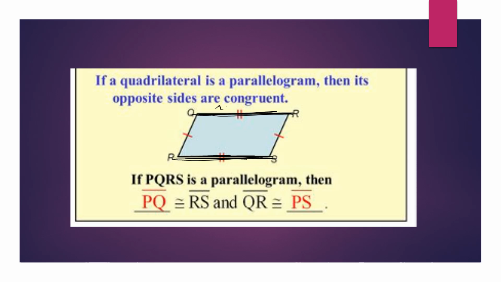So if QR is 10 centimeters, then PS is also 10 centimeters. Similarly, QP and RS are congruent to each other. So if QP is 5 centimeters, then RS is also 5 centimeters.